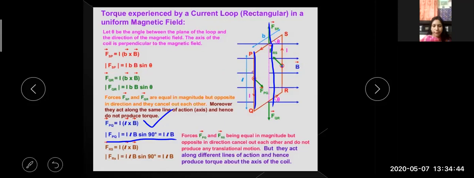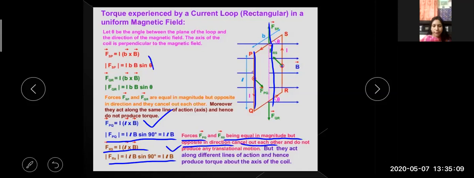And the force experienced by arm RS is given by I L cross B. This conductor is also perpendicular to the magnetic field, so we can write F_RS is ILB sin 90, which is ILB. So forces F_PQ and F_RS, being equal in magnitude but opposite in direction, cancel out each other.